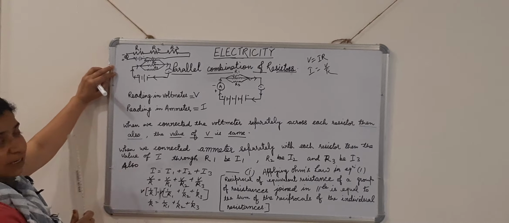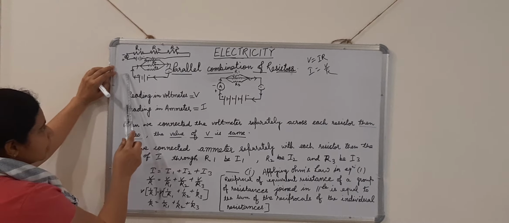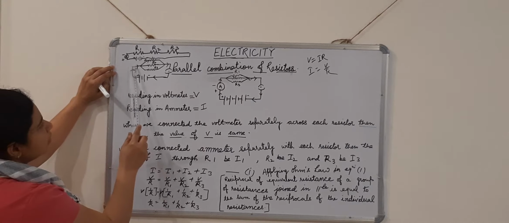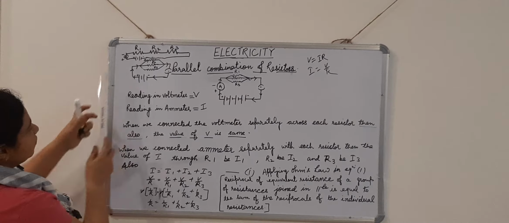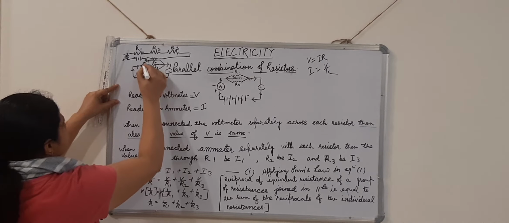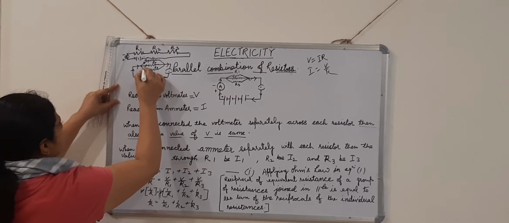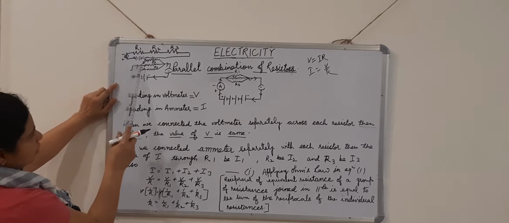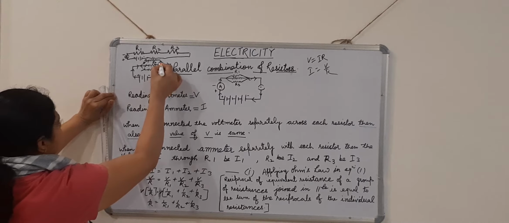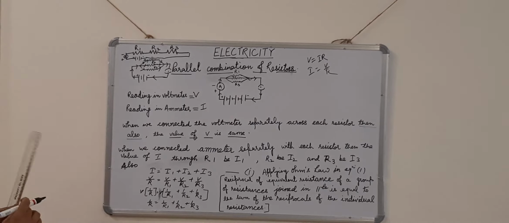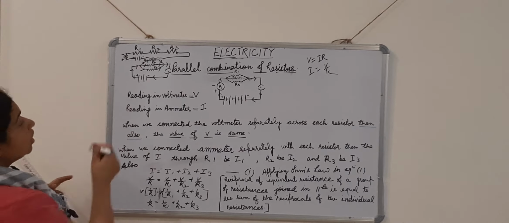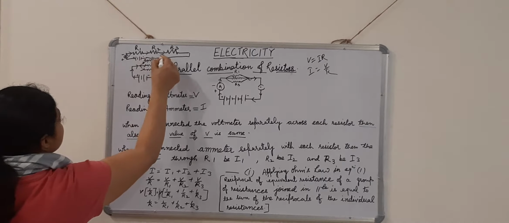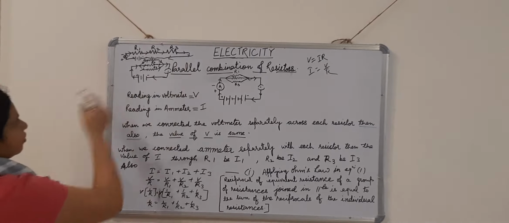But in the parallel combination, the current starts flowing from the battery and the path of the current is divided into three parts: the first part, the second part and the third part. In series, the path of the current is not divided; current flows through the same path and then comes back to the battery.